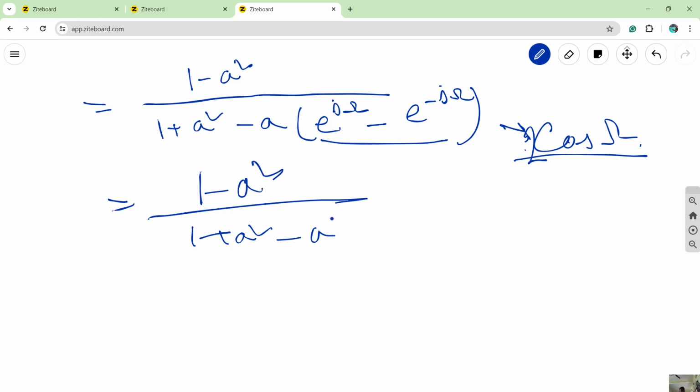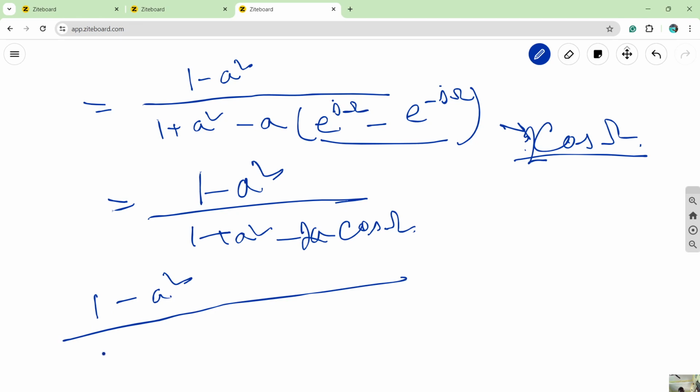So the j sin omega terms cancel out and it becomes 2 cos omega. So the solution is 1 minus a square by 1 plus a square minus 2a cos of omega.